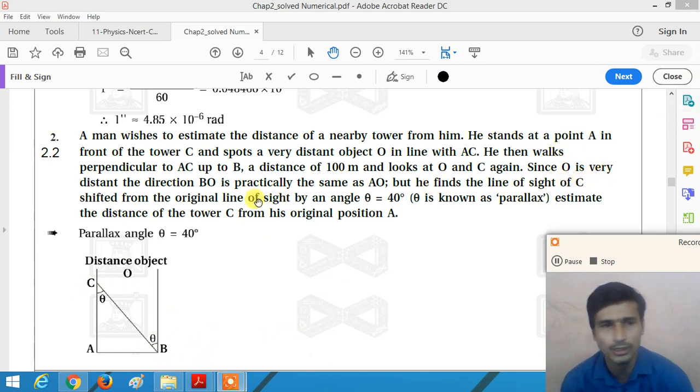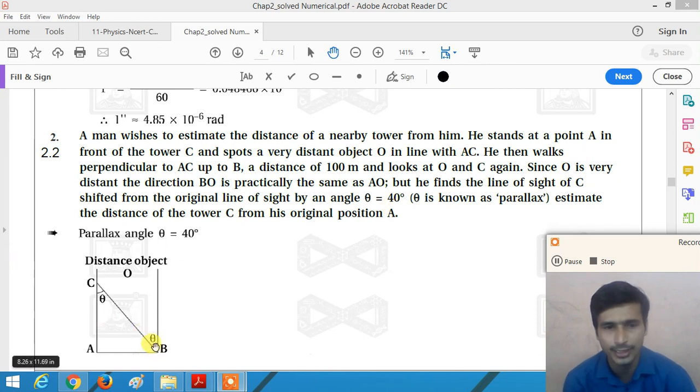Since O is very distant, the direction BO is practically the same as AO, but he finds the line of sight of C shifted from the original line of sight by an angle theta equal to 40 degrees, right?